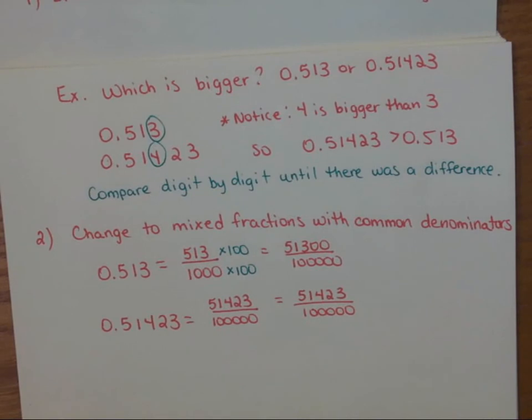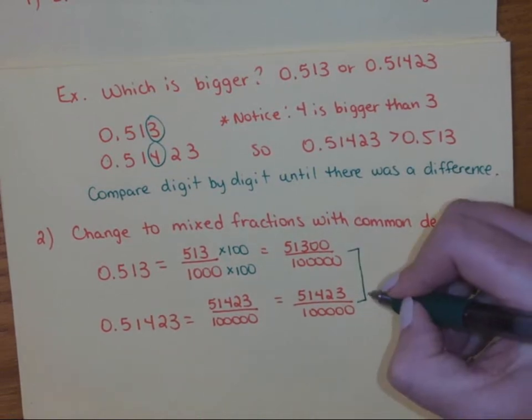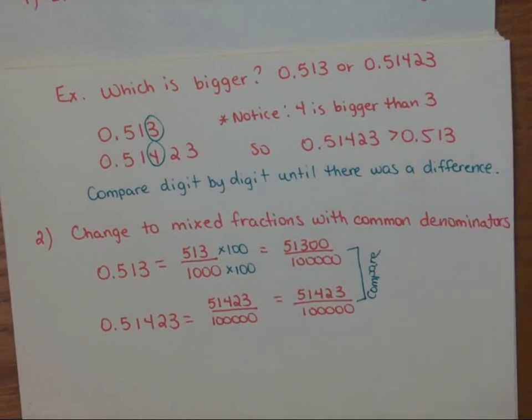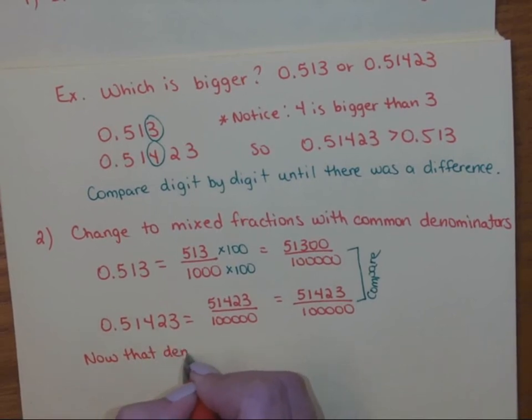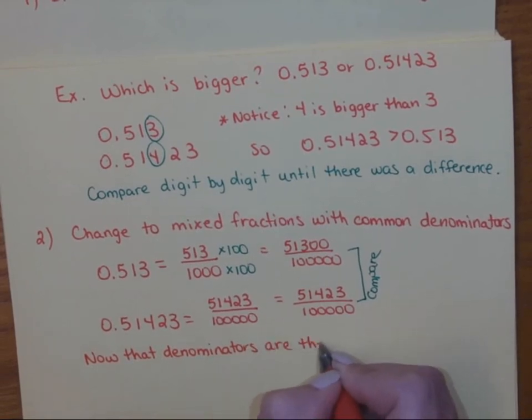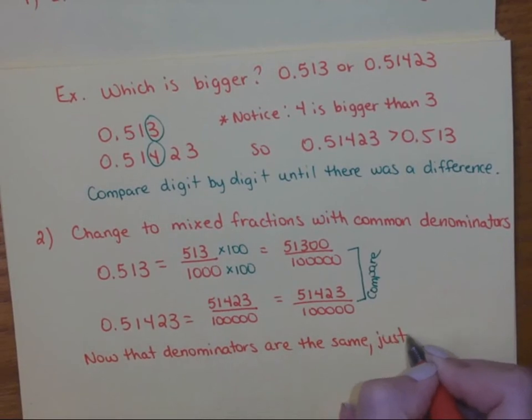Okay, so which one is bigger? This is 51,300, this is 51,423. Okay, notice that when we get the denominators the same, we don't need to worry about the denominator anymore, we just need to compare the numerators. So it's very important if you're going to use this method that you make the denominators equal. Since the denominators are the same, we just compare the numerators.